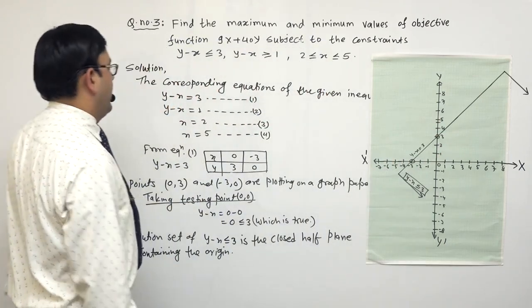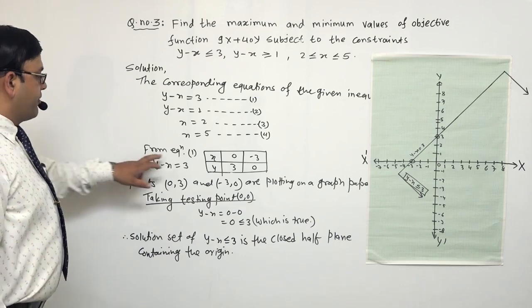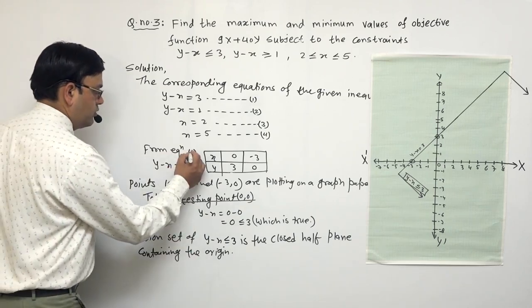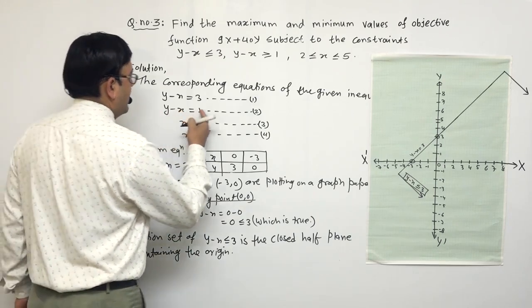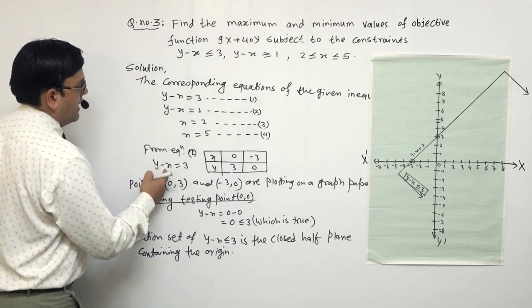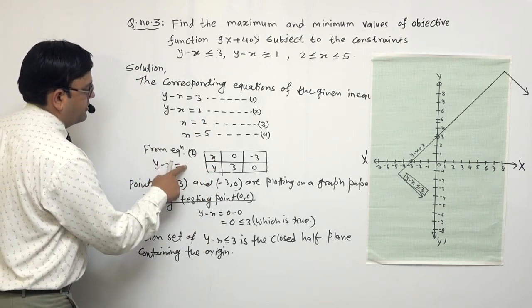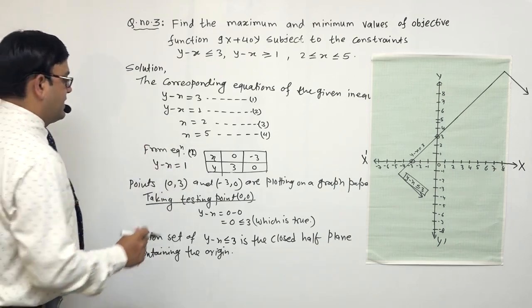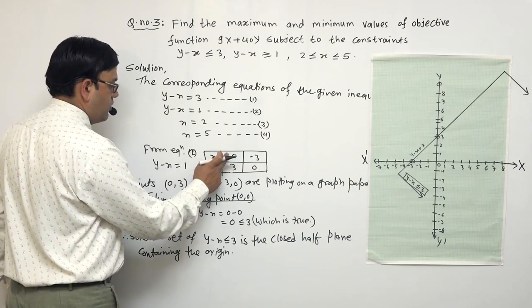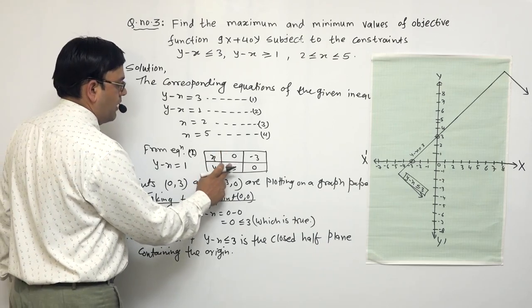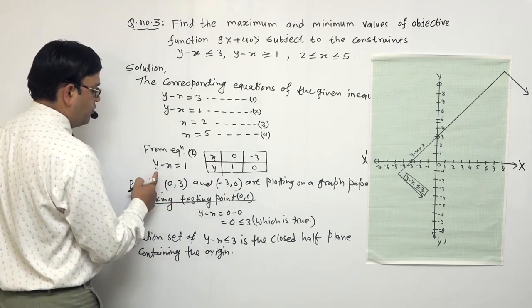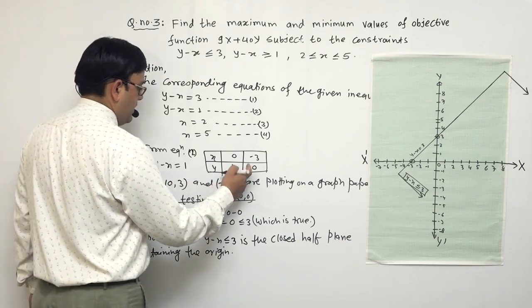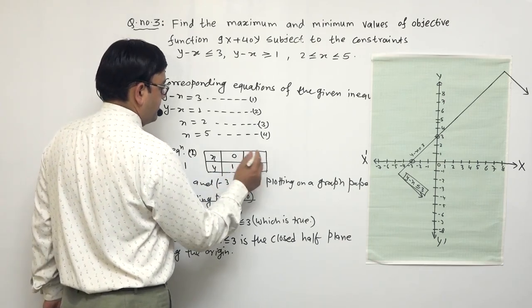In the same way, we are going to take equation 2. Equation 2 is y minus x is equal to 1. Y minus x is equal to, instead of 3, we have to write 1. Now our process is the same. If we put x as 0, then y is equal to 1. And if we put y as 0, then x is equal to minus 1.